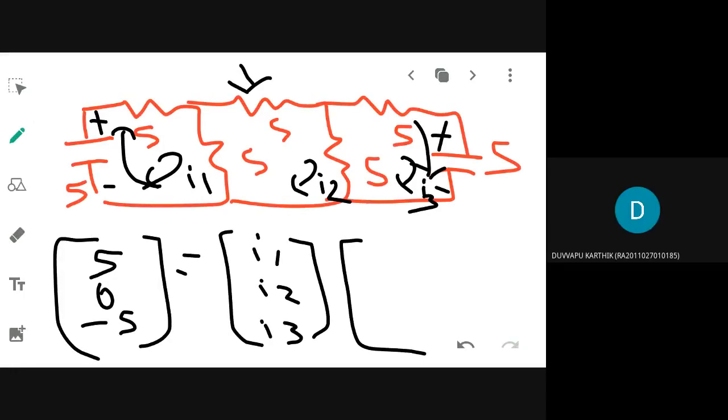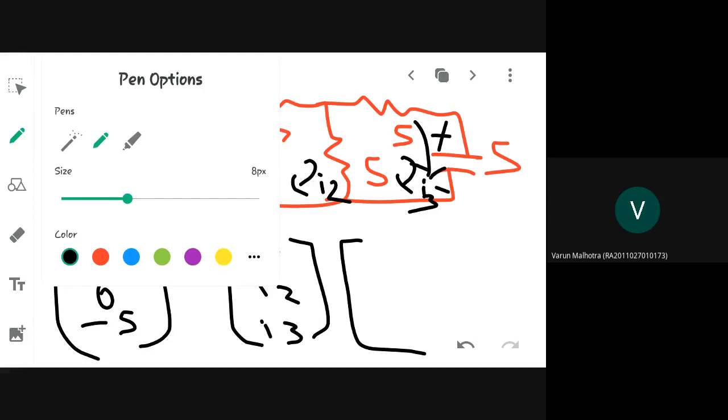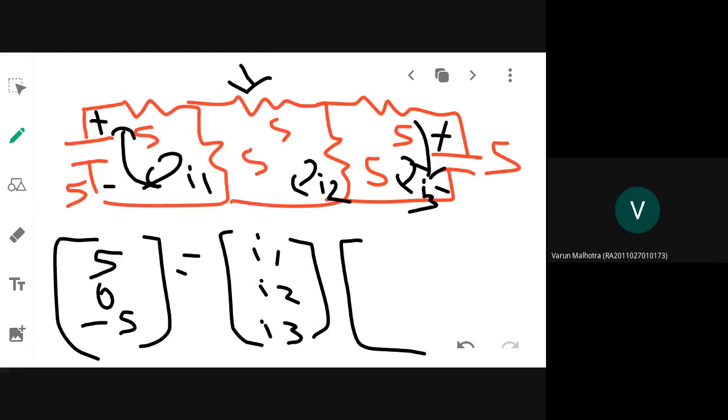Okay. What is R11? 10. Sorry, ma'am, only 2 resistances, so 10. Between these two, what is common? Minus 5. Between these two, what is common? Minus 5.